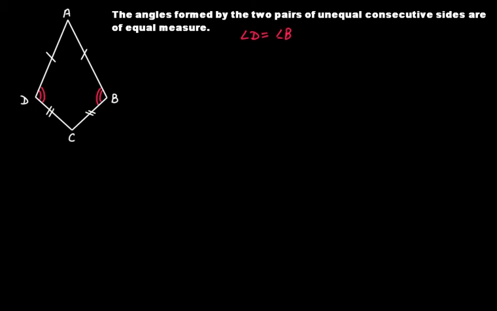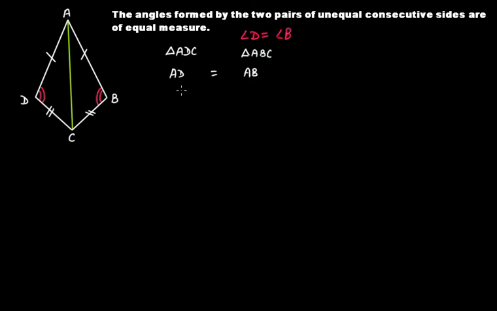For this, let's draw the diagonal between the vertices A and C. Now this diagonal divides this kite into two triangles, that is triangle ADC and triangle ABC. Now AD of triangle ADC is equal to AB of triangle ABC.